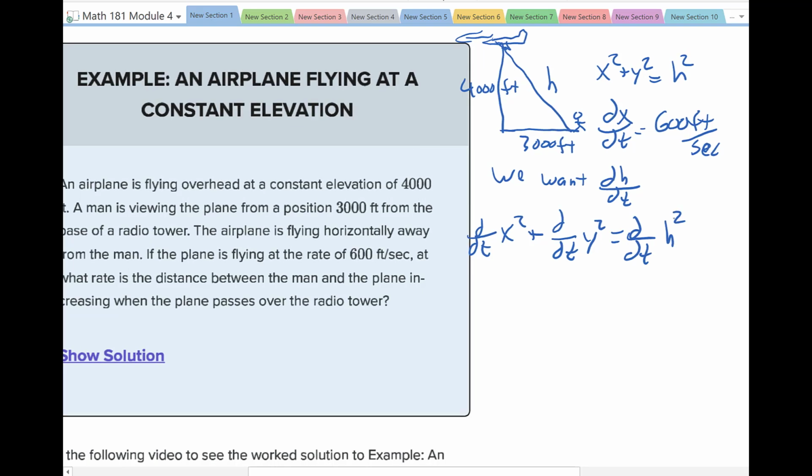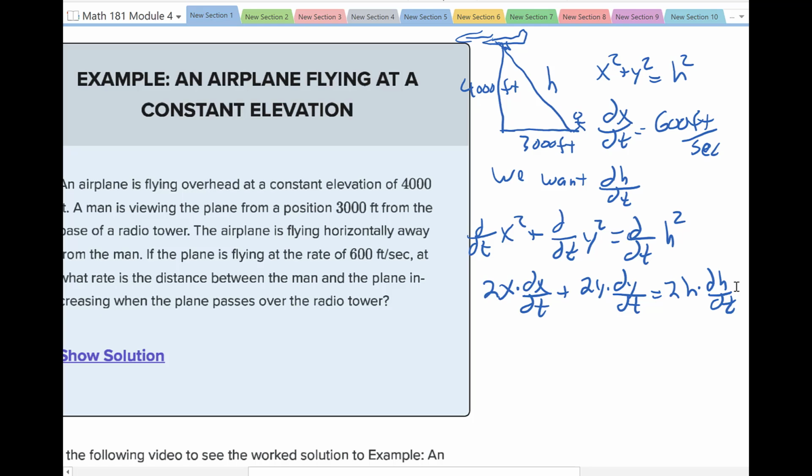h squared there. Now, the constant here is the y squared, or the y is constant, so that's just going to be 0. So we end up with 2x times dx dt plus 2y times dy dt equals 2h times dh dt.